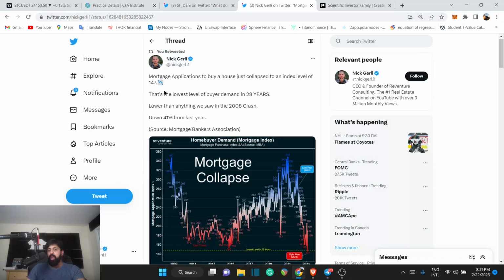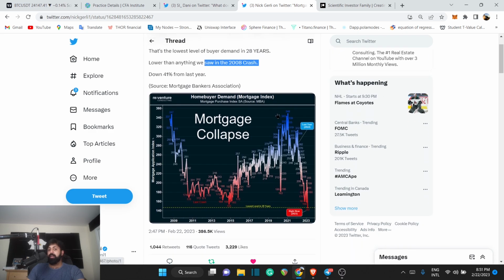This is a macro. Mortgage applications to buy a house just collapsed. Demand has dropped to a 28-year low, way lower than the 2008 crash. Now 2008 was especially the housing crisis, right? If you have already seen The Big Short, you understand how things evolved. They created all these fixed income products directly from the cash flow generated by the housing market.